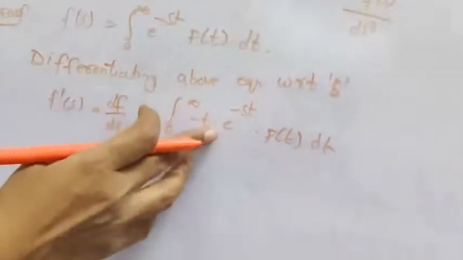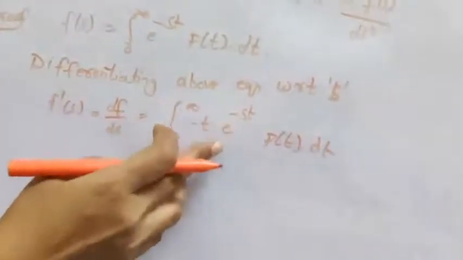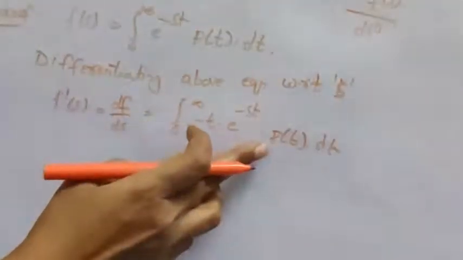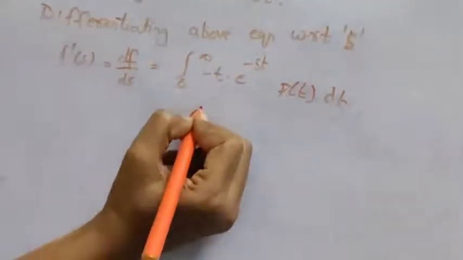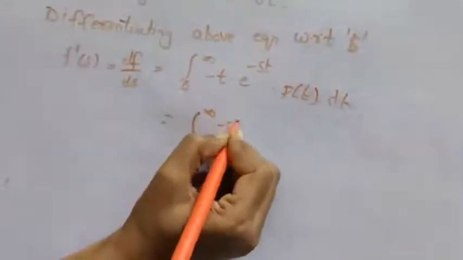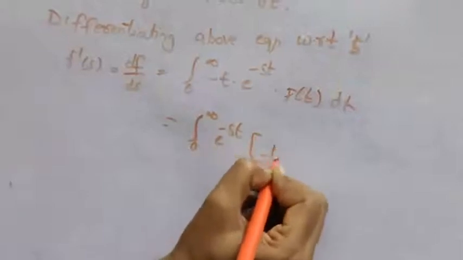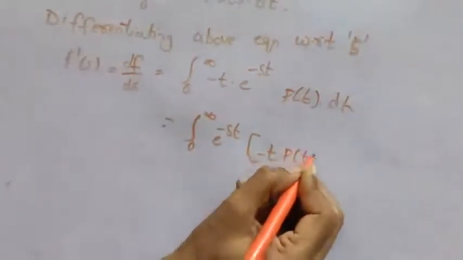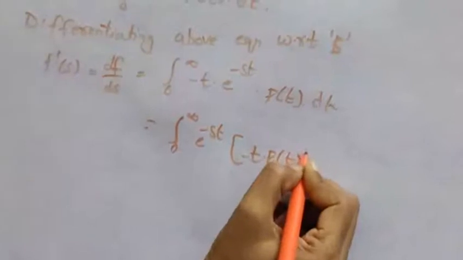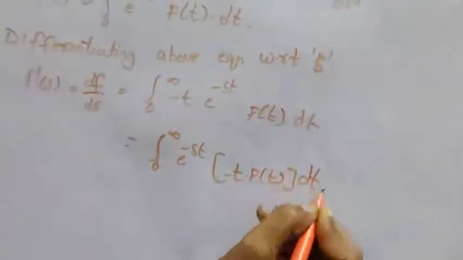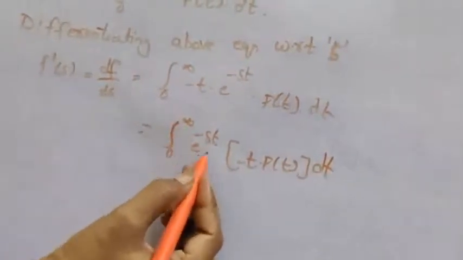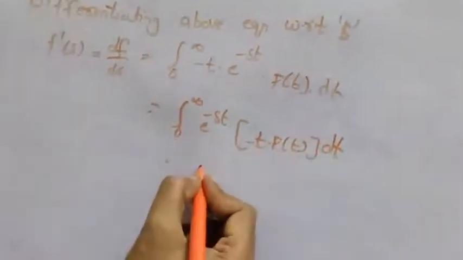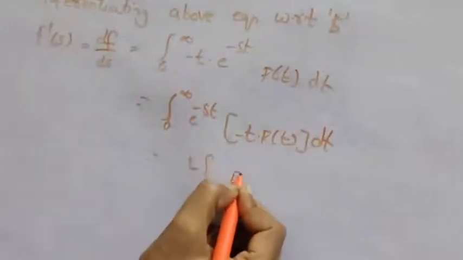Now, this can be written as, you bring this e power minus st and include minus t towards the f of t. So, this term can also be written as integral 0 to infinity e power minus st, minus t into f of t into dt. Now, integral 0 to infinity e power minus st f of t dt is nothing but L of f of t.